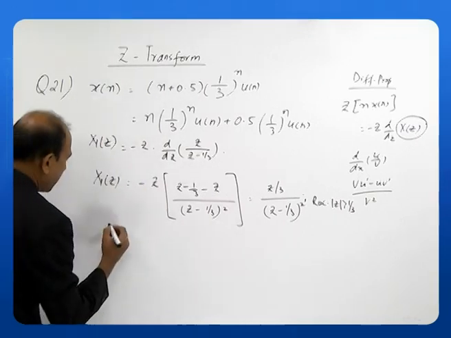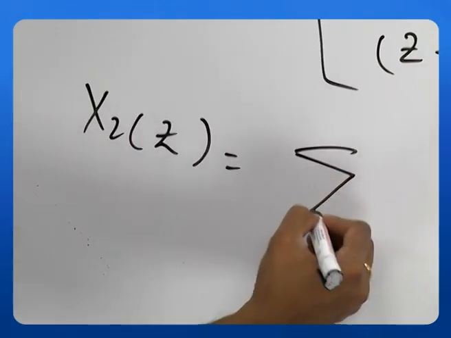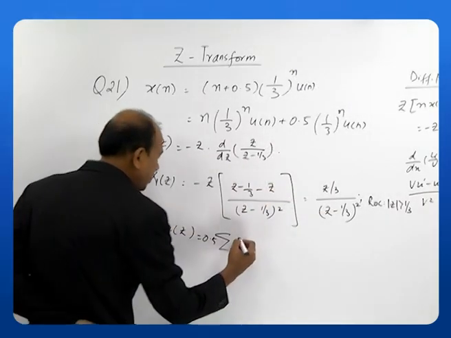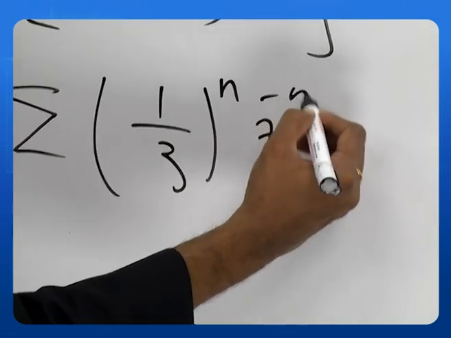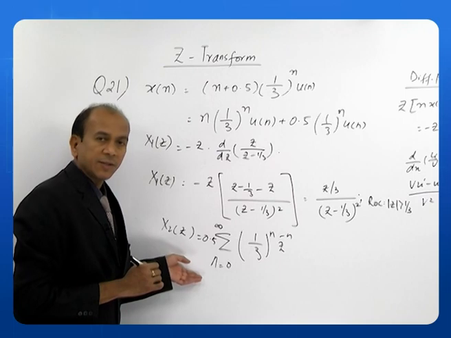So x2 of z can be written as summation. We'll take this 0.5 outside. 1 by 3 to the n, z to the power of minus n, summation from 0 to infinity.